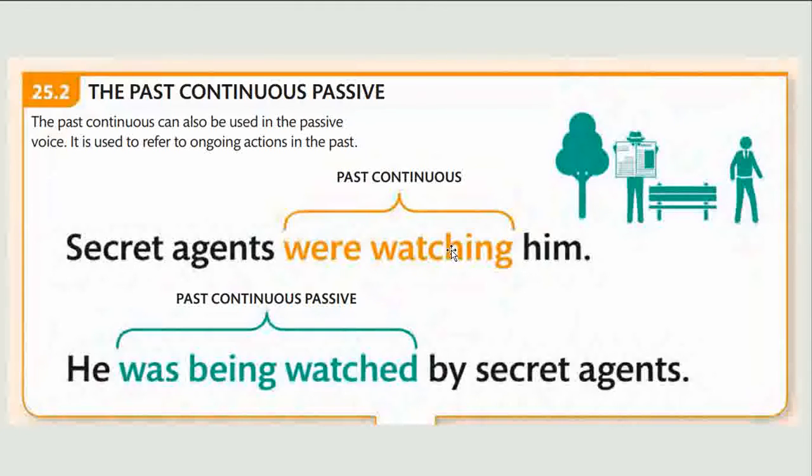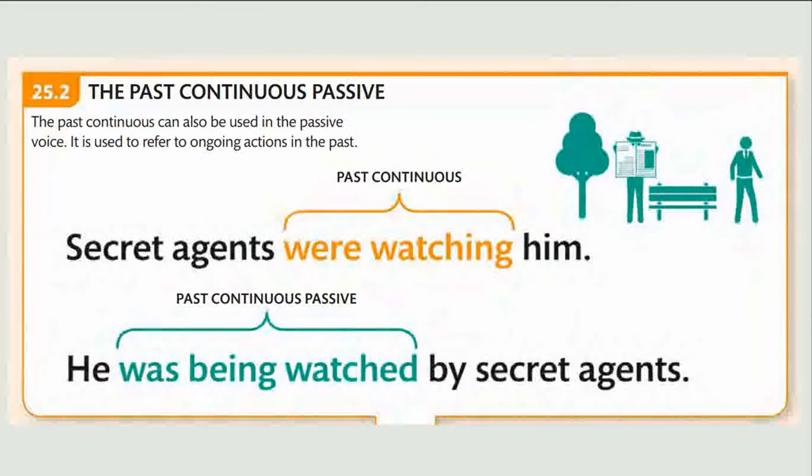Were watching over here is past continuous, and this sentence is in active voice. Now let's look at the passive voice. He was being watched by secret agents. Over here, the subject becomes the object and the object becomes the subject, and the verb is changed. Was being watched is past continuous tense.